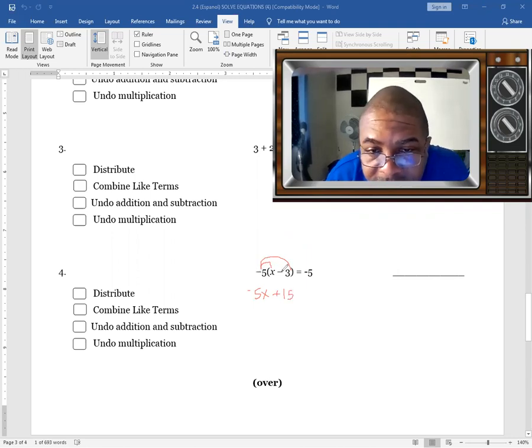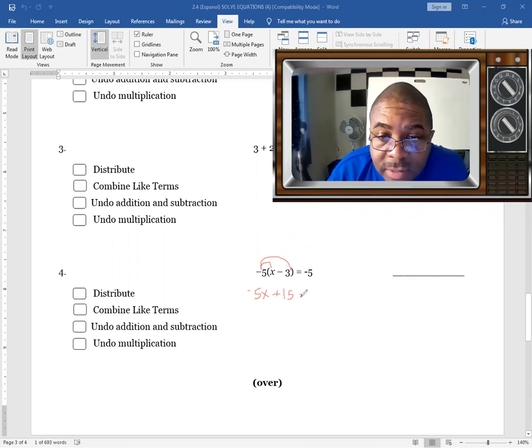A negative times a negative is a positive. So negative 5 times negative 3 is positive 15. Good. Now, we want to subtract 15 from both sides.